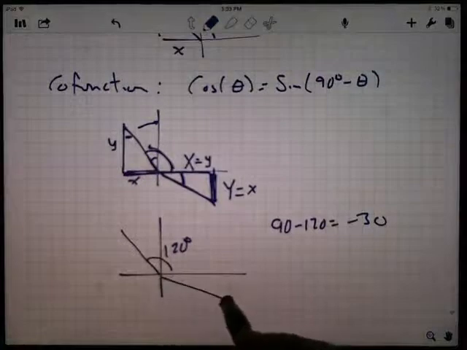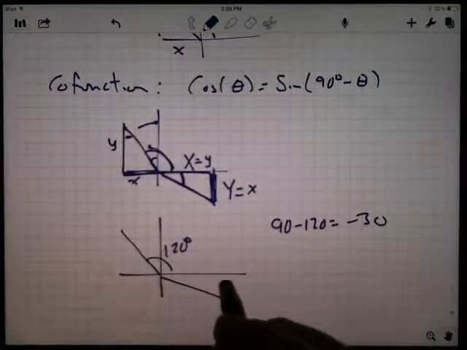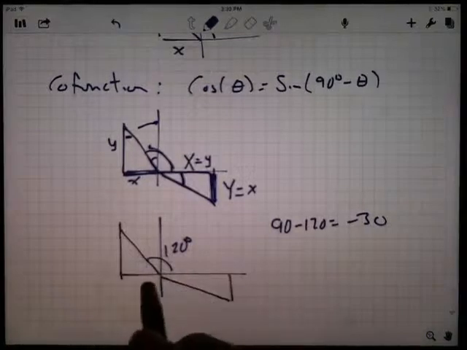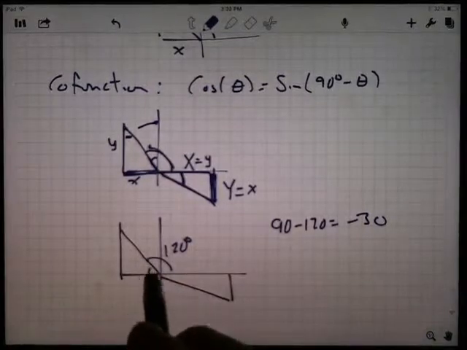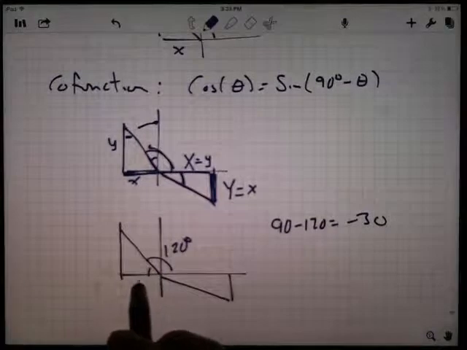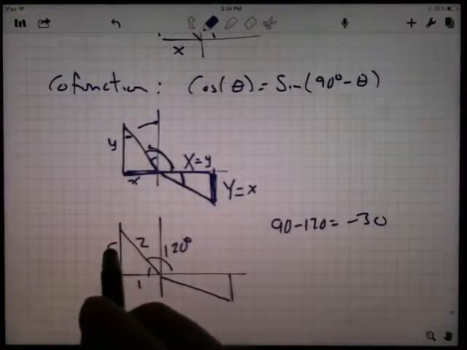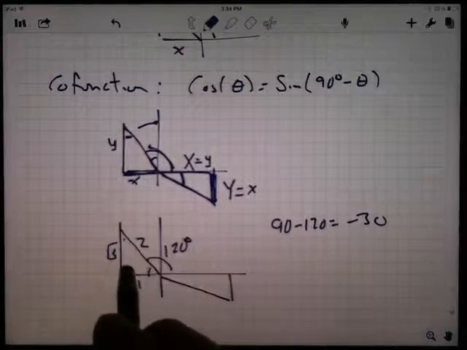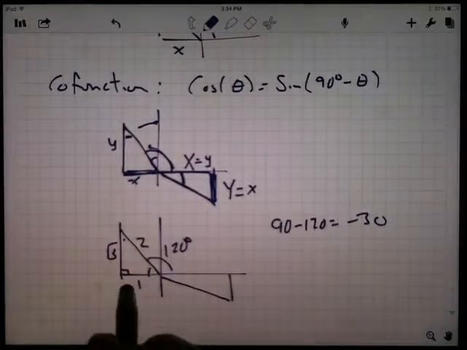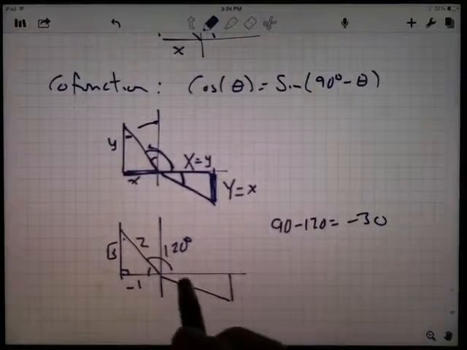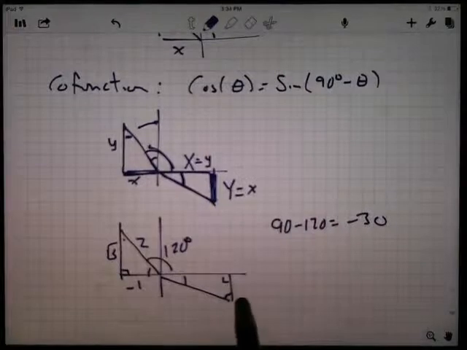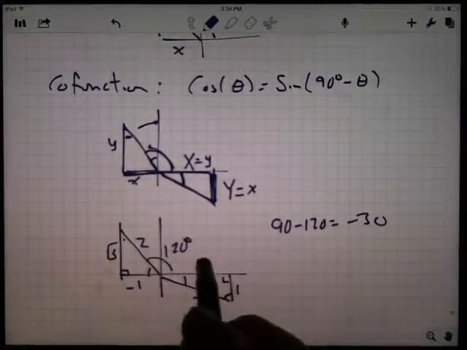So it's down here like that. If I drop a perpendicular in either place, here I've got a 60 degree angle. So I've got a 1 to 2 to the square root of 3 triangle, right? That's the 30 degree, 60 degree, 90 degree triangle. Here I've got a 30 degree angle and a right angle, so this must be 60 down here. So again, I've got a 1 to 2 to the square root of 3.